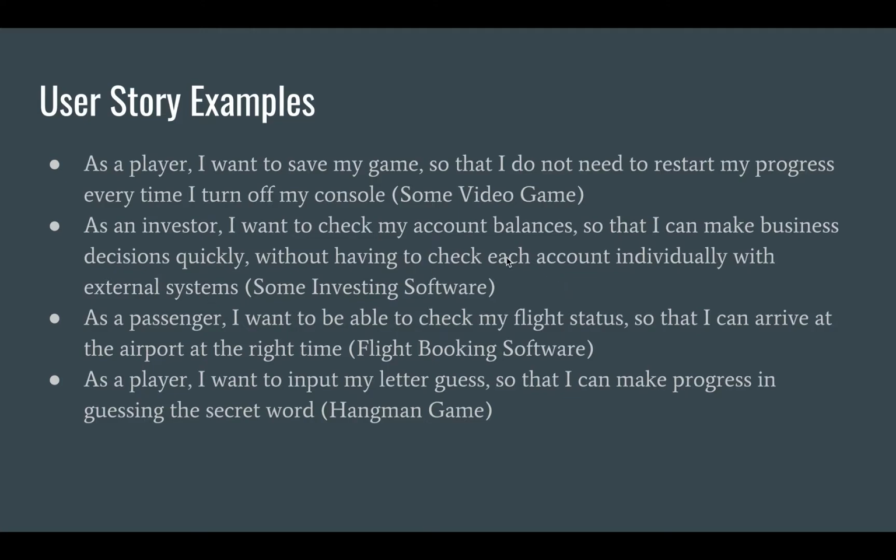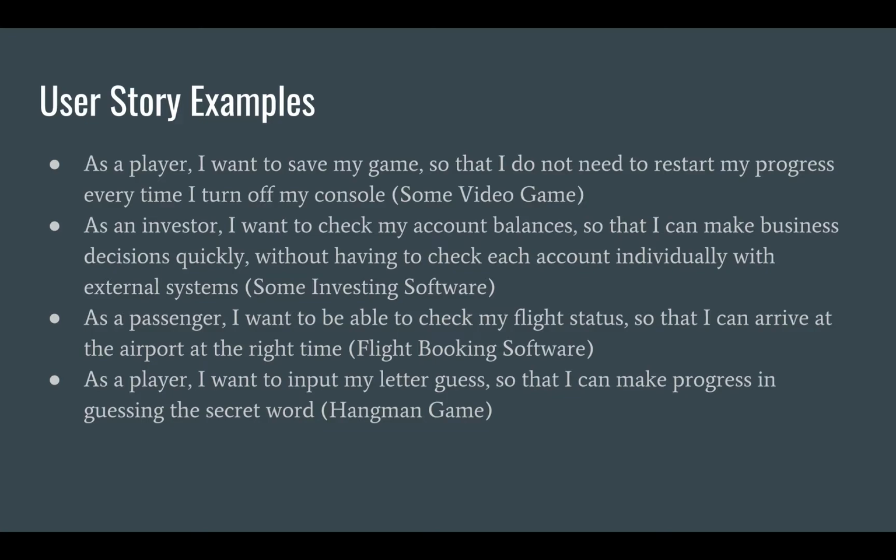This is the core feature, so that I can make business decisions quickly without having to check each account individually with external systems. So maybe the goal of this software system is to be able to trade and work efficiently within the software itself. Maybe you've been contracted to write some investing software where the key feature is that it integrates everything together.